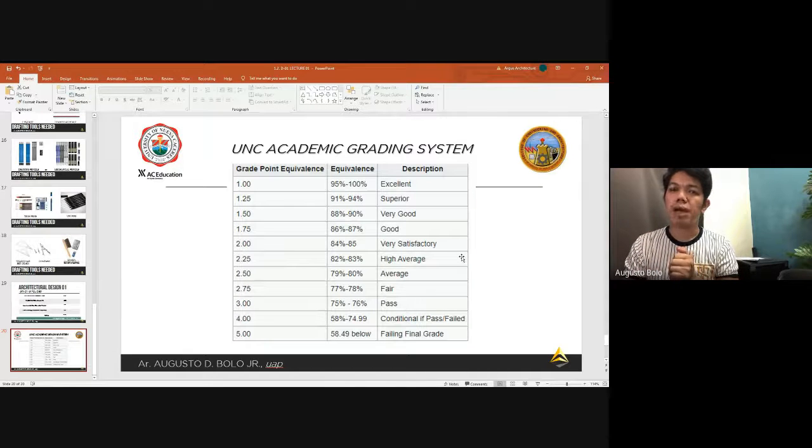How is that implemented? If you weren't able to comply for at least another one semester, that's the time you will receive a 5. But if you comply, say for example, weeks after that particular semester, you will receive a numerical grade. That IP will be converted into a numerical grade.